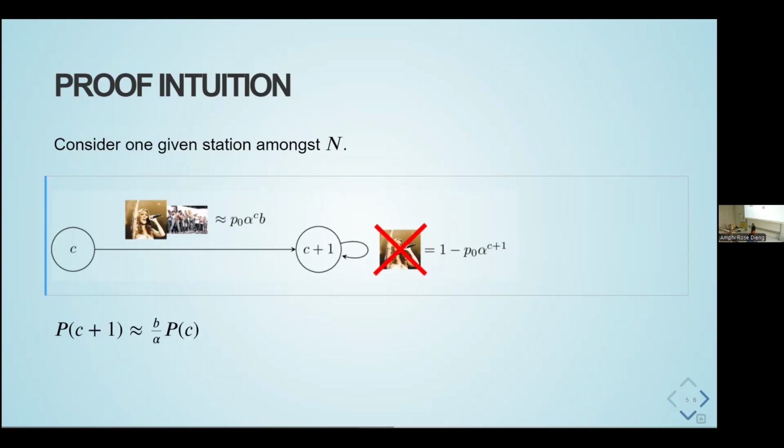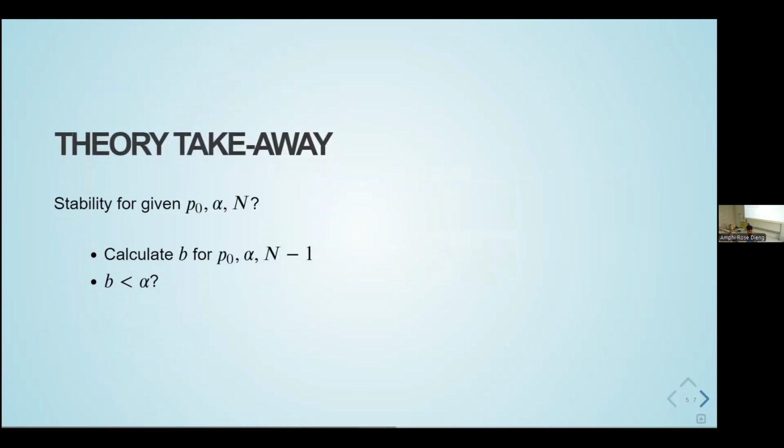It's an equality. So we're good. Case solved, I guess, because to compute the stability, you just have to recursively decide what happens if you have one less station and check if the noise that you get is smaller than alpha. Okay, so we can go back to sleep.